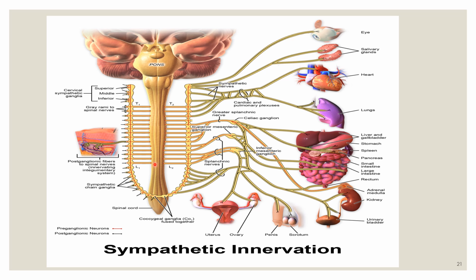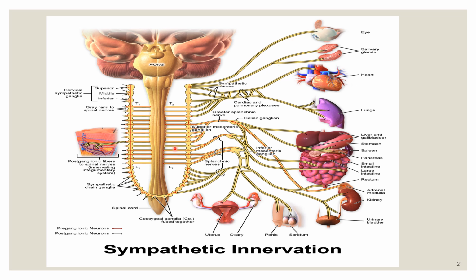So what is the segmental level of preganglionic neurons? T1 and T2 give to the area of head and neck. And T3 and T4 to thoracic viscera. T5 to T9 to upper limb. T10 to L2 to lower limb.